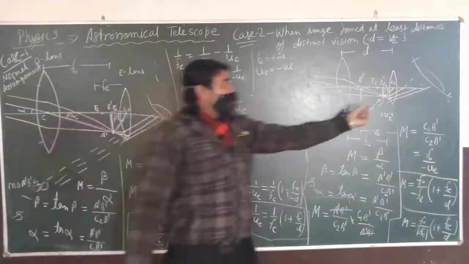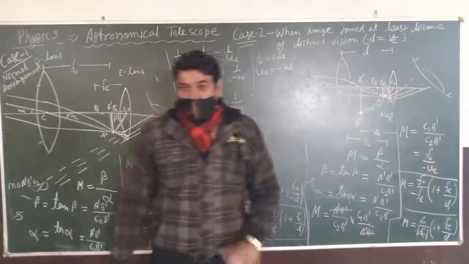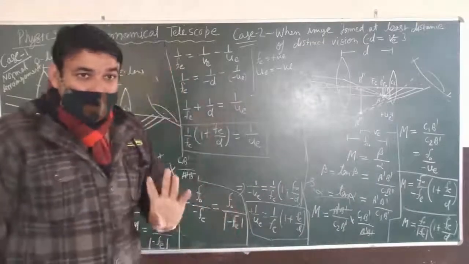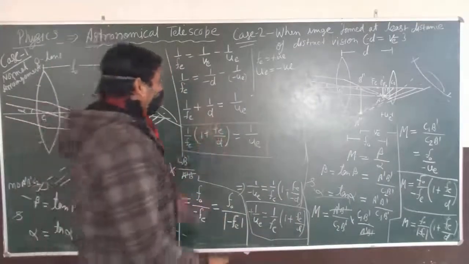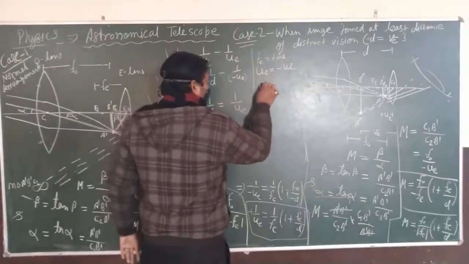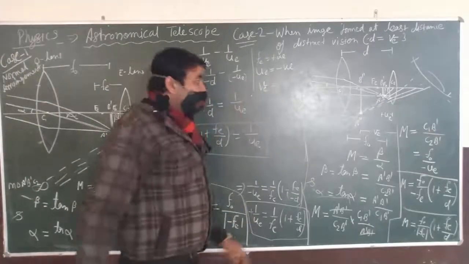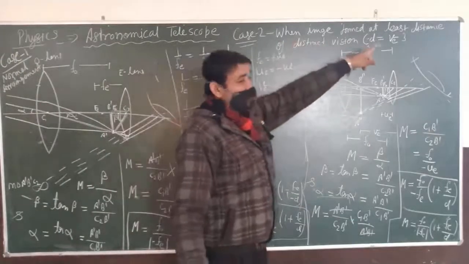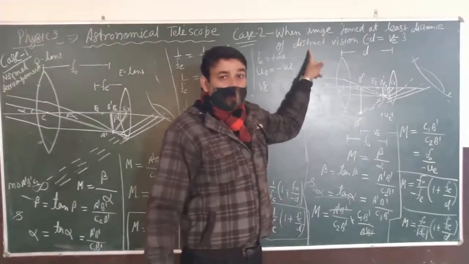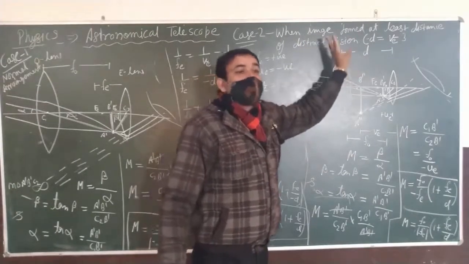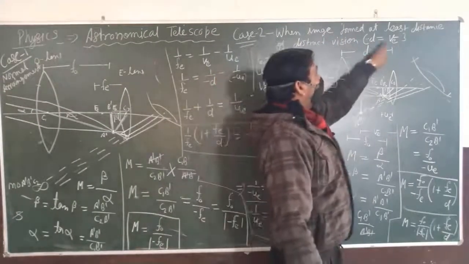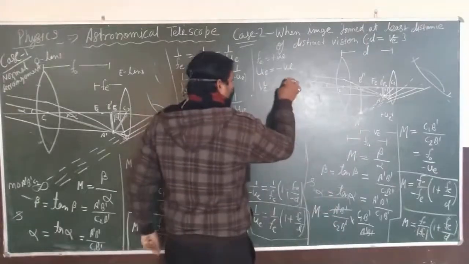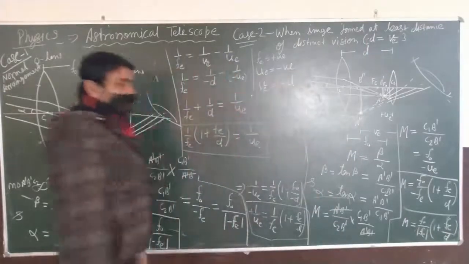Because it is in front of the eyepiece. Clear? Clear? The answer. Next, VE. As per the condition, the image is formed at the least distance of distinct vision, which is VE equal to minus D. This will use here minus D.